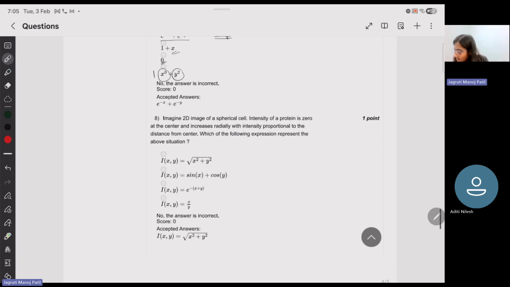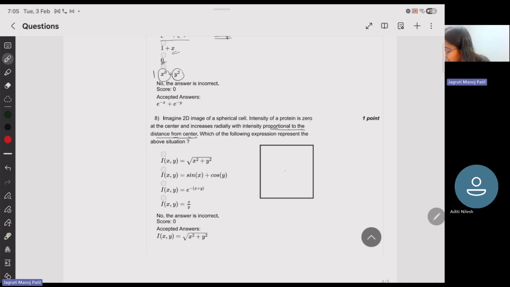Then here, imagine a 2D image of a spherical cell. Intensity of a protein is 0 at the center. We'll have to make something for it. Now they are saying that the intensity of protein is 0 at the center, so at this particular point we don't have anything. And it increases radially with intensity proportional to the distance from the center. Can you sense something from here?